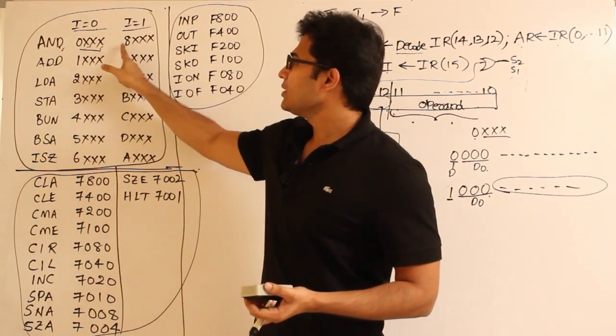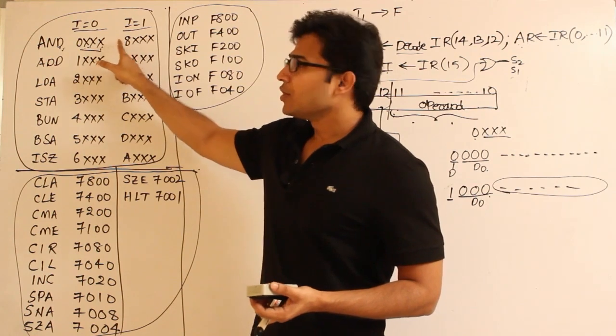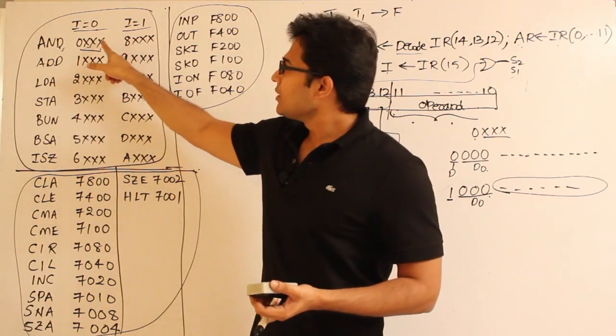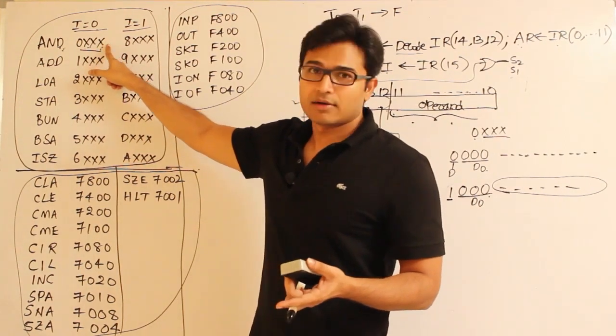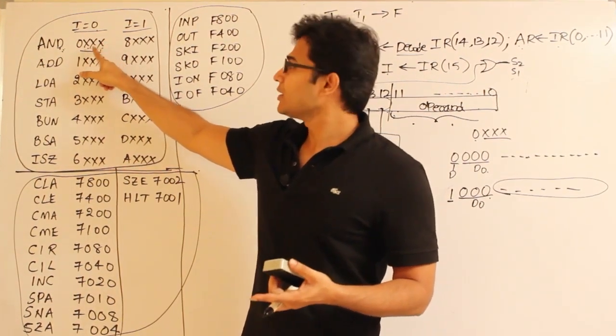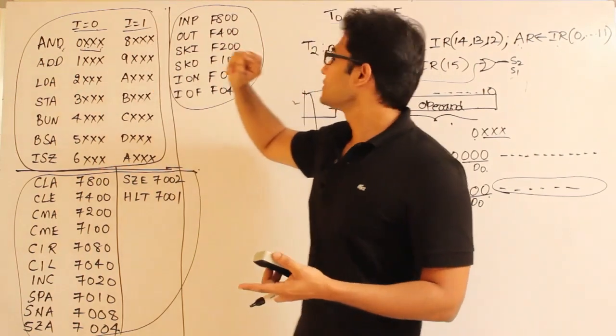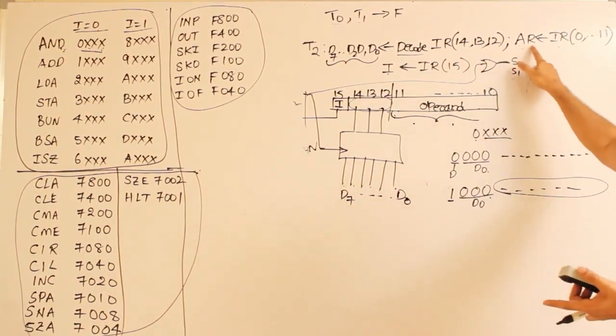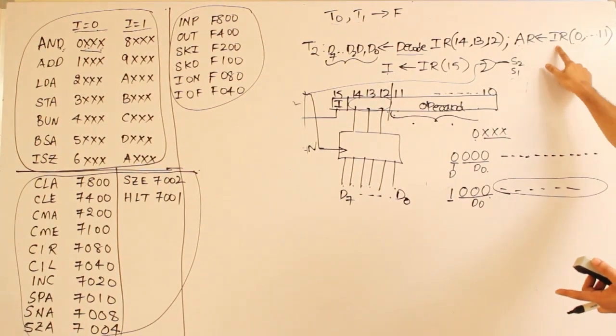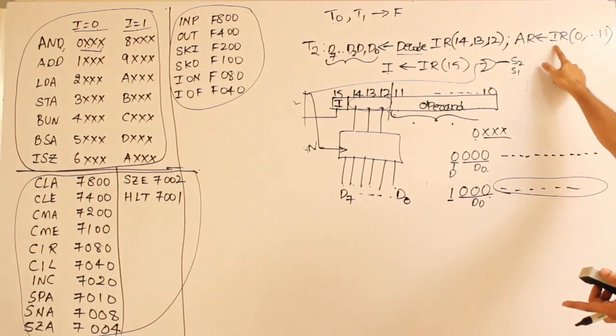Got it? So the way you handle this instruction and this instruction, even though the operation is same, the way you get the operand is going to be different, which means in this case effective address is directly given and our address register directly gets the effective address. See this, while decoding itself I am trying to send into address register whatever is present in the address part of the instruction.